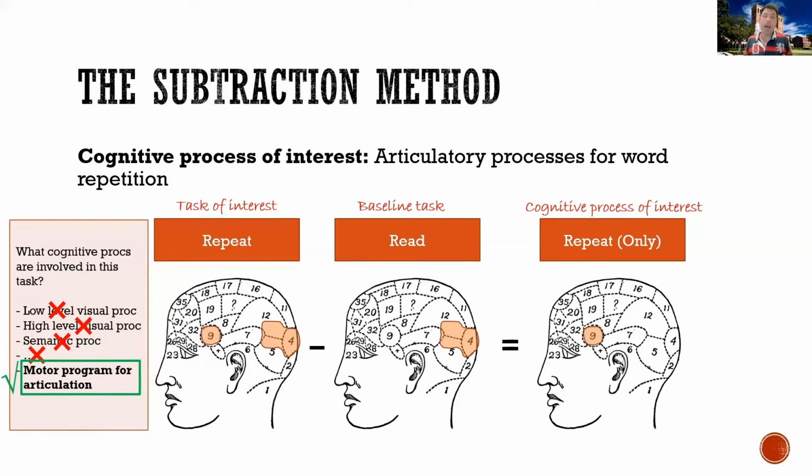If I subtract them, ideally, I'm left with the parts of the brain that are important for the specific process I care about and no other ancillary process. Now, this is the general way in which we conceive fMRI experiments.